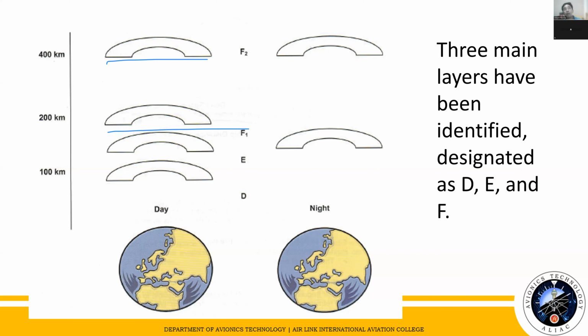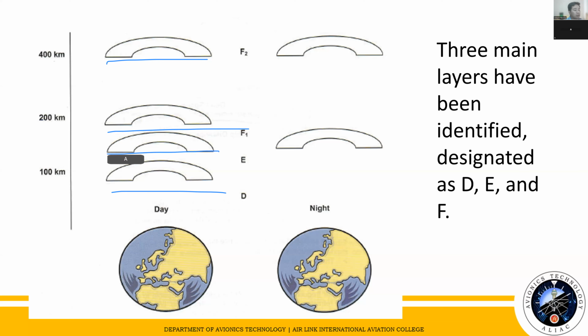So, syempre, sa araw na yan mataas yung ionization. Sa D naman, okay, kung mapapansin nyo, the D is a region of low ionization that only persists during the day. Si E is more marked and remains weakly ionized but not unionized by night, with little change of height.